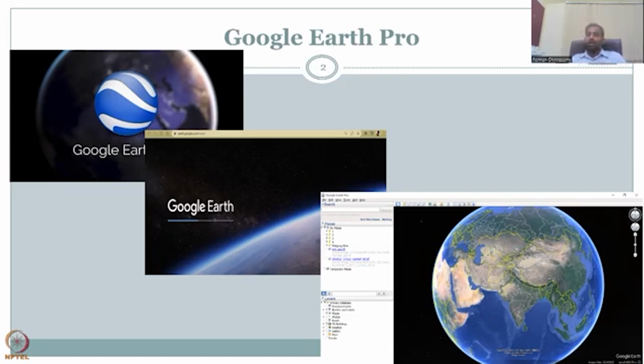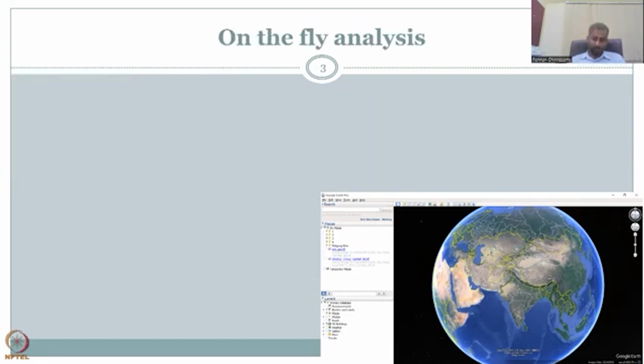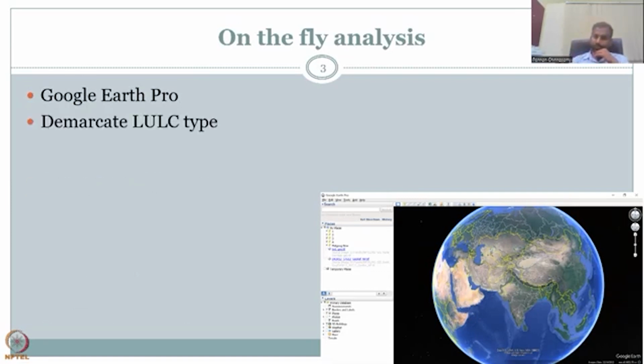So what we will do now is, since we have looked at Google Earth, let's see on the fly how the analysis is done. Once you open Google Earth Pro, you can zoom in to a particular location of interest and then demarcate a land use, land cover type.